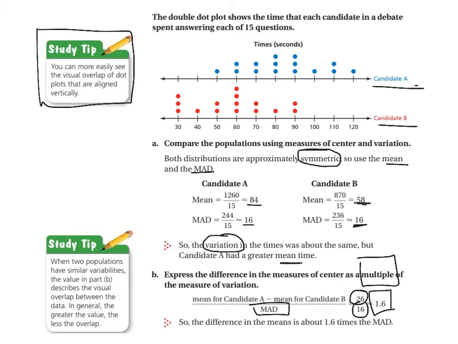So 1.6 is a multiple of the measure of variation that gets us to that difference. So the variation in the times was about the same, so the difference in the means is about 1.6 times the MAD.